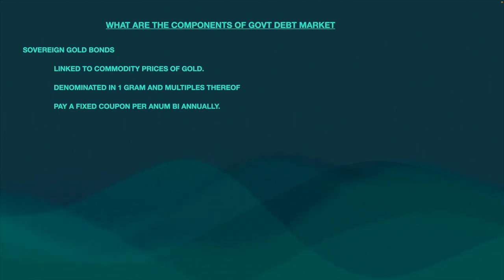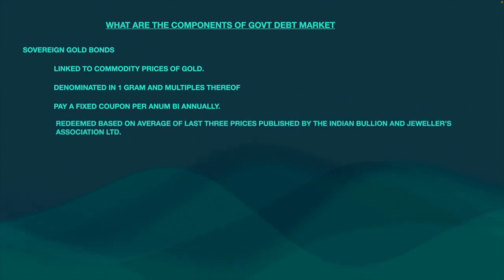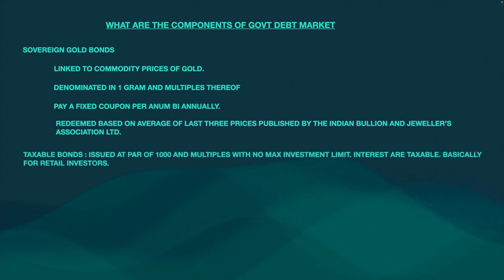As of now, I think it is 2.35% if I am not wrong. So annual payment of 2.35%, but it is paid twice a year. The redemption value is that of 1 gram of gold. Suppose you have invested in 1 gram of sovereign gold bond, at the time of redemption, the price will be calculated based on the last three prices published by the Indian Bullion, and they take the average of that, and that price you are going to get.